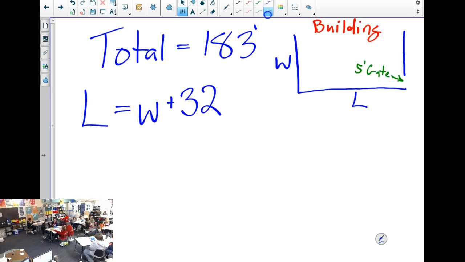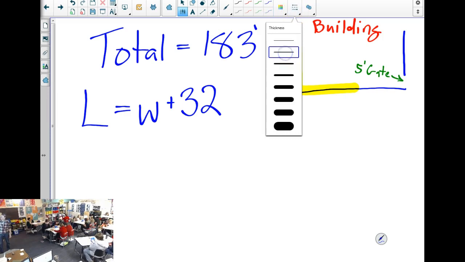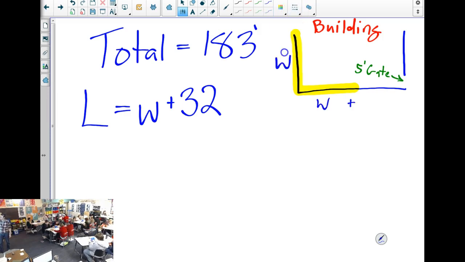You have that width plus 32. W minus 5. Maybe it shouldn't be.